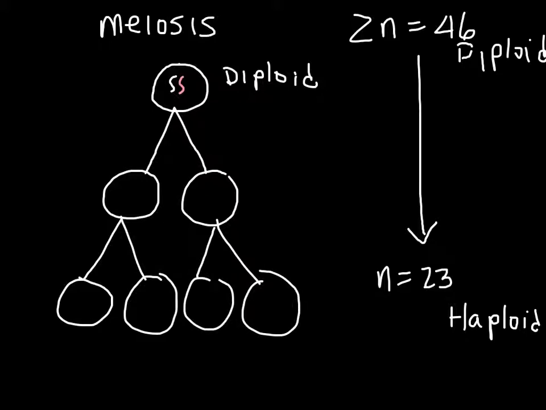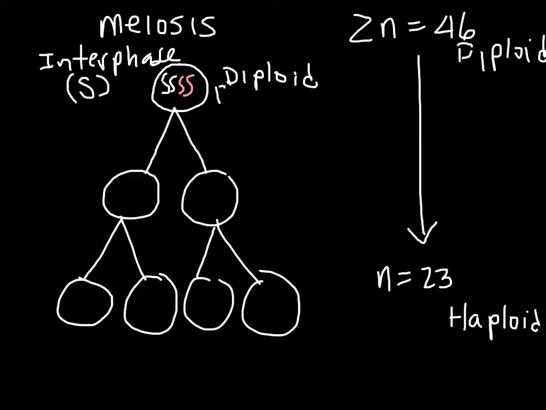But from class, we said that the cell will go through interphase, and during interphase, something really important happens. Hopefully you'll remember this. S happens, the S phase. And during the S phase, DNA copies itself. So if you look at the cell at the top, we have a new chromosome. That would be its sister chromatid for that one. And then this red one is also going to copy itself.